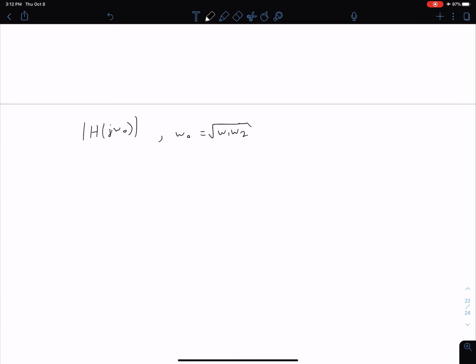We use those definitions for omega 1 and omega 2 that relate them to R and C. If we go through a process similar to what we did with our band pass active filter in the previous video, we would see that the magnitude at that resonant or center frequency is Rf divided by Ri times 2 omega 1 divided by omega 1 plus omega 2.